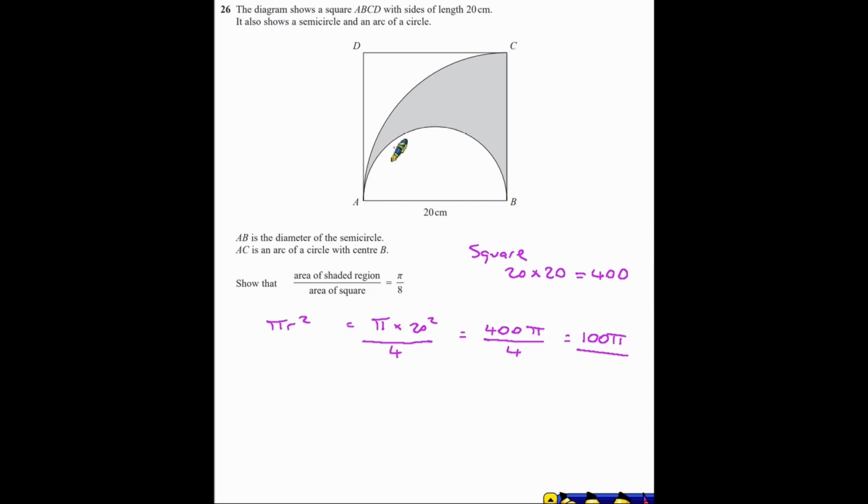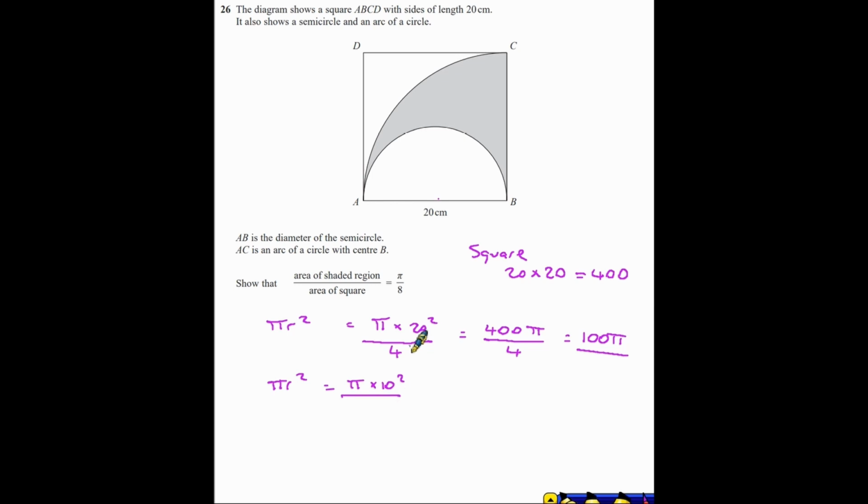But we have to take away the smaller circle. So let's have a look at that one. We know it's a half a circle. We know the diameter is 20. So in this case, the radius is 10. So again, if we use pi r squared, this time it's pi times 10 squared.